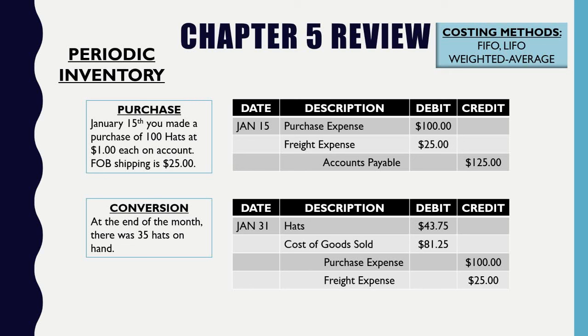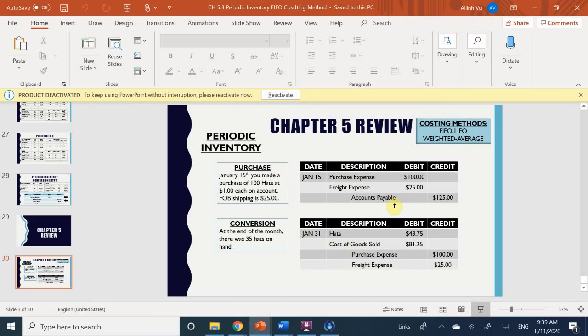Okay? All right, and the cost methods that you have available are FIFO, LIFO, and weighted average. But today, all we learned was FIFO. All right, and that's pretty much it as far as the journalizing portion.